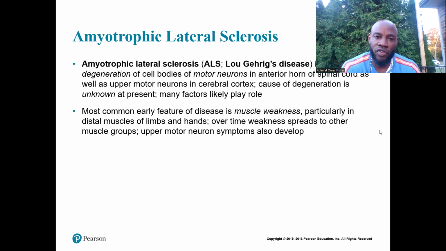Lou Gehrig's disease involves the degeneration of cell bodies of motor neurons. Remember the soma, the cell bodies of motor neurons in the anterior horn of the spinal cord, as well as the upper motor neurons in the cerebral cortex.